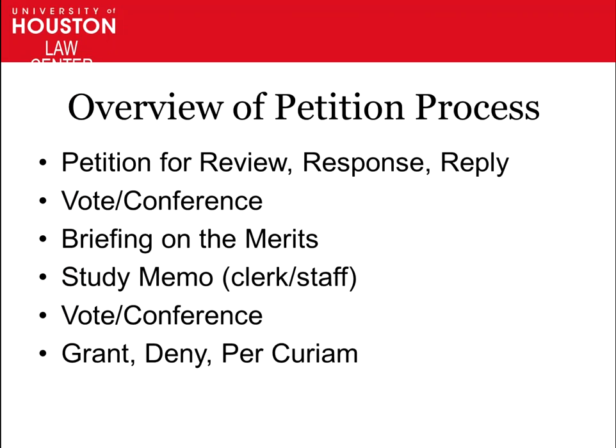They have another conference to discuss whether they want to grant the case based on the study memo and the brief on the merits. If they don't get enough votes, it gets denied, and that's it, even after they prepared the brief on the merits, or it gets set for argument, or there is a third option called a per curiam opinion, which I'll talk about a little bit more in a minute. That is the overview, though, of the process.